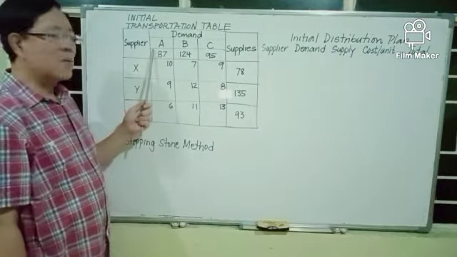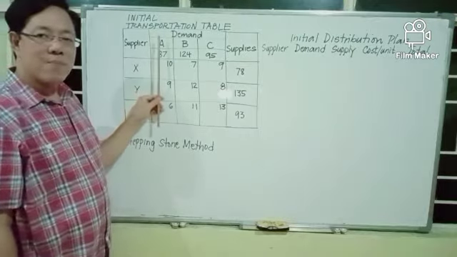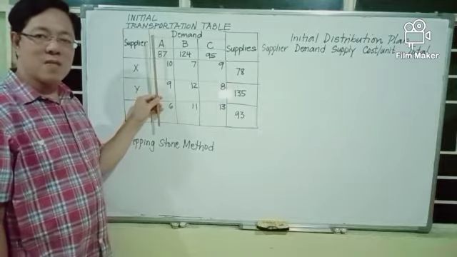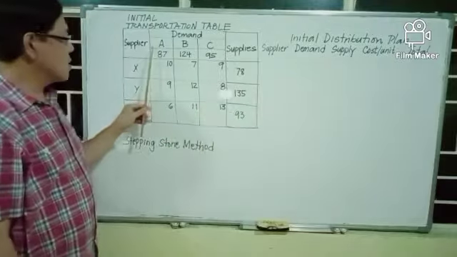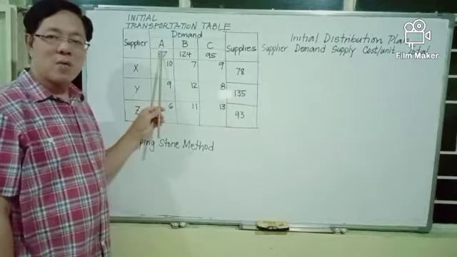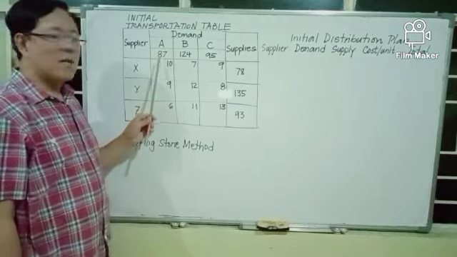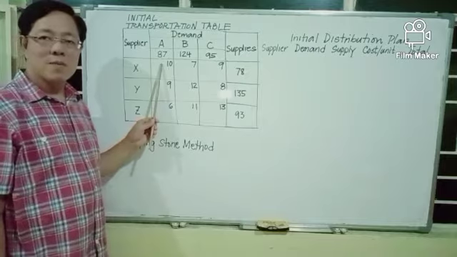Always begin with the first customer, the customer written at the left hand side. You satisfy the demands of the customers from the left going to the right. So we start from customer A. We satisfy first the demand of customer A.